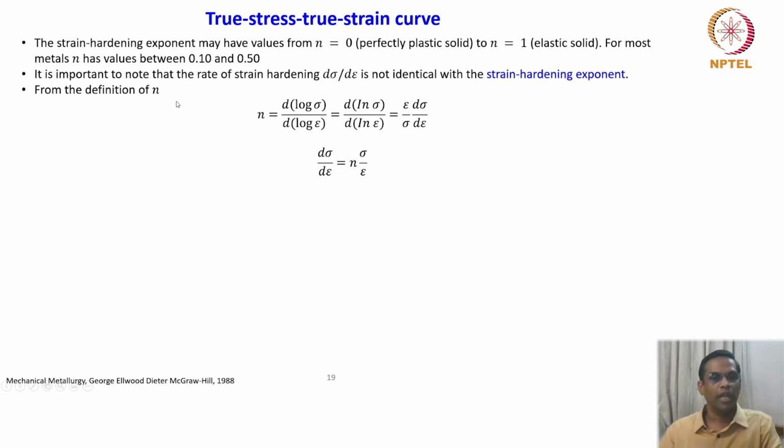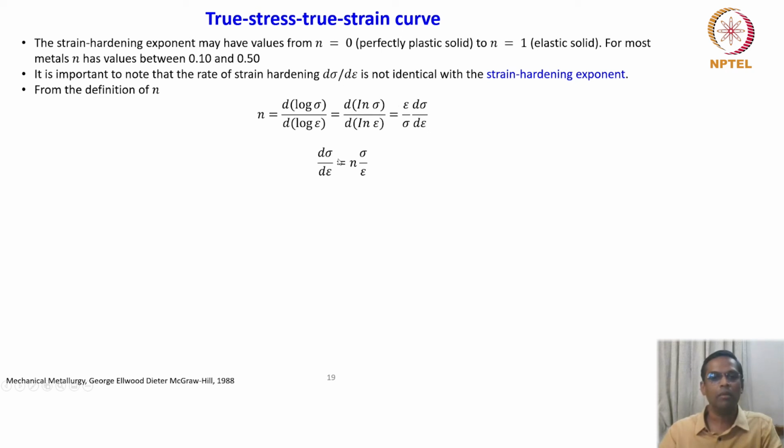From the definition of n, because we are doing a plot of log of sigma versus log of epsilon, we find n as a slope. So this can be written like this: d ln sigma by d ln epsilon, which can be written like this: epsilon by sigma times d sigma by d epsilon.